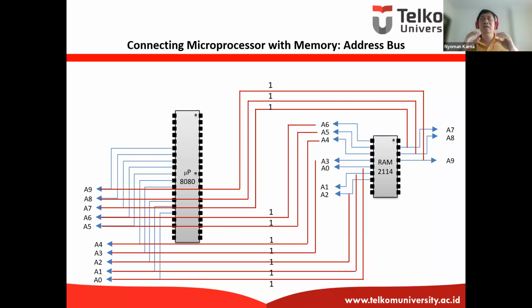Oh, you want to access the last data inside the RAM. So if everything is 0, it means I want to access the first data of the RAM. But if everything is 1, then I want to access the last data from the memory.